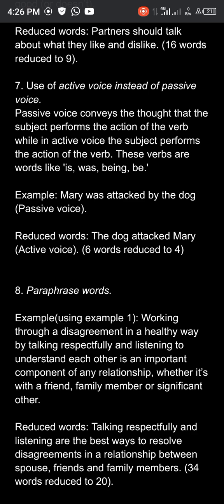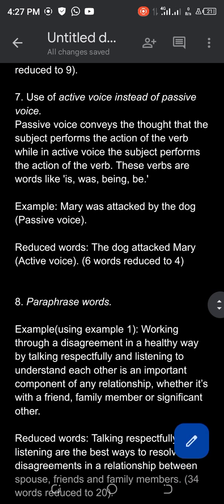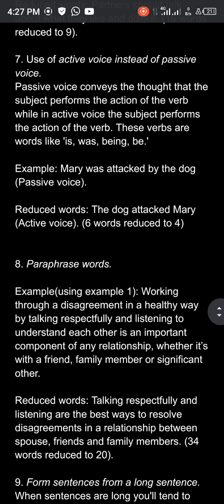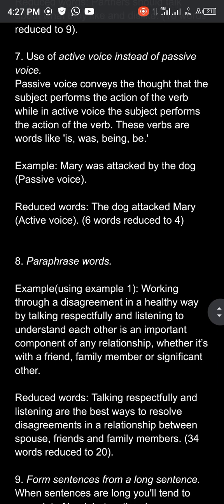But in active voice, it is the opposite: "The dog attacked Mary." Instead of making Mary the object like the passive voice did, the active voice makes the dog the subject, and Mary the object.